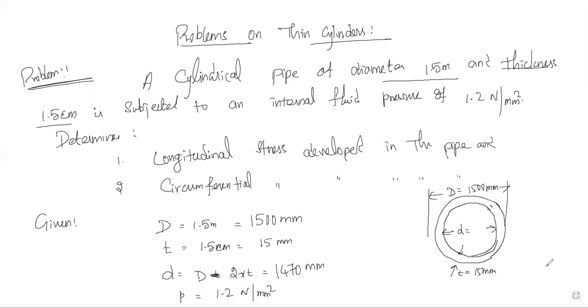Now we have to find sigma 1, that is equal to circumferential stress or hoop stress. Sigma 2 is equal to longitudinal stress.